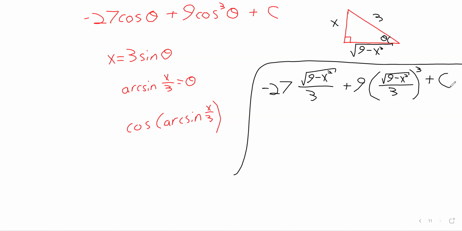And you could do a little work with this. I mean, that -27 and that 3 in the first expression cancel. In that second expression, we could rewrite that denominator as 3 cubed is 27, and then it will partially cancel with the 9.